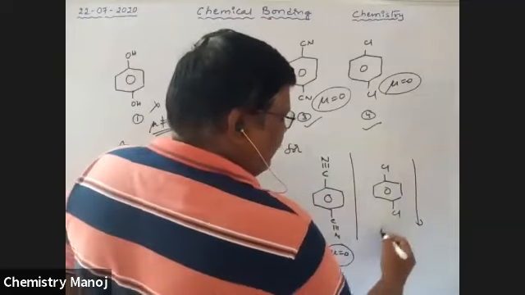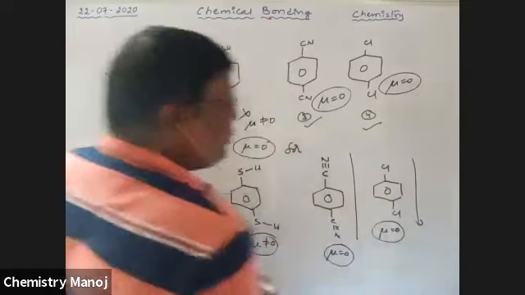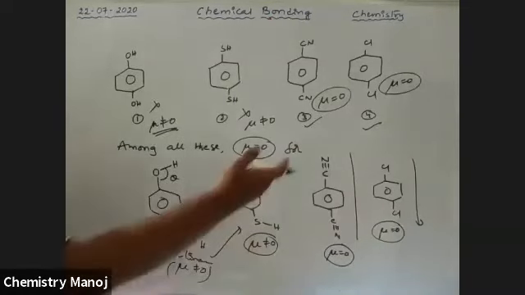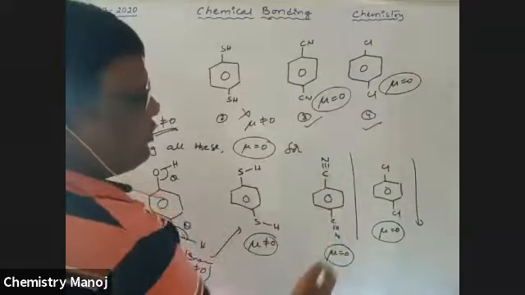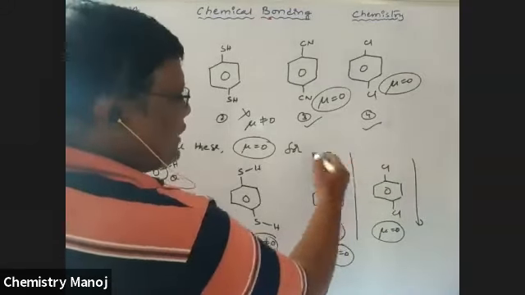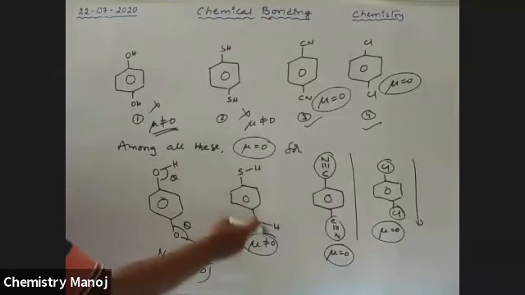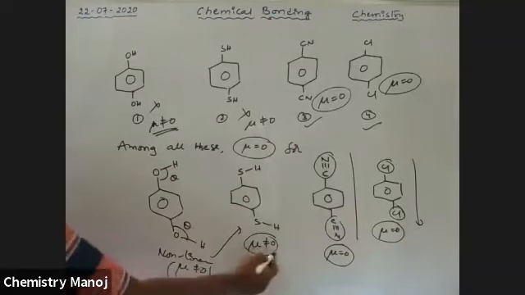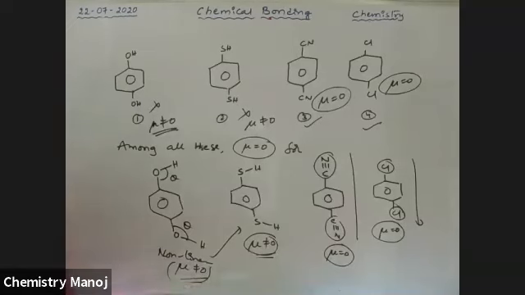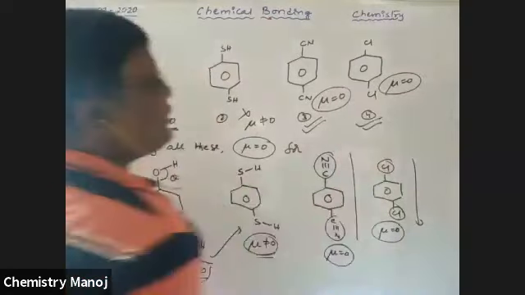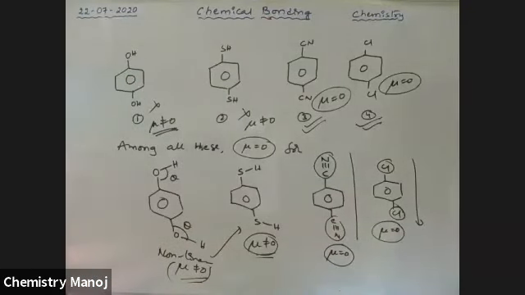This is a linear molecule. Here also mu is equal to 0. So linear molecules generally have mu equal to 0. Both these are similar groups, but even though these are similar groups, these are non-linear. That is why mu not equal to 0. Those two compounds have mu equal to 0. Our answer is these two compounds. This is very, very important.